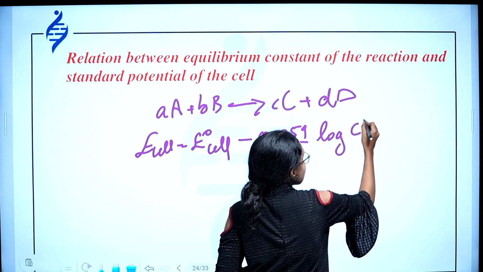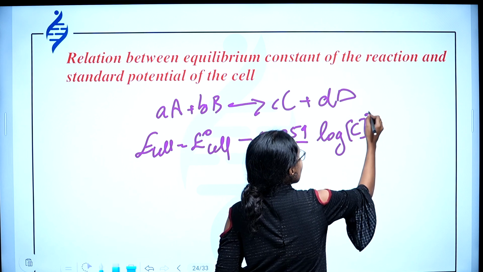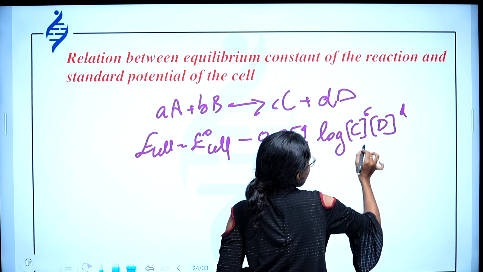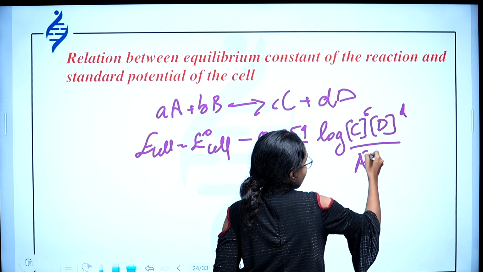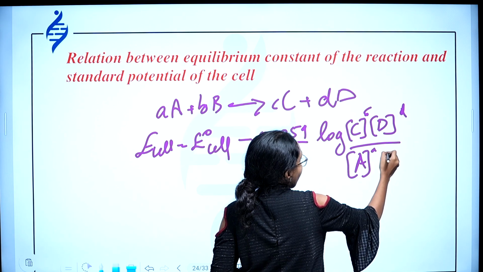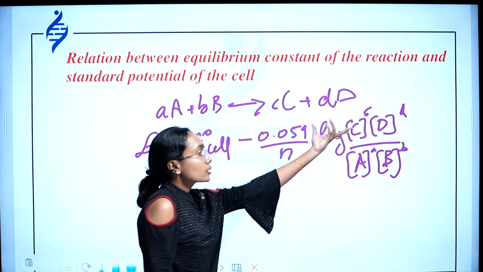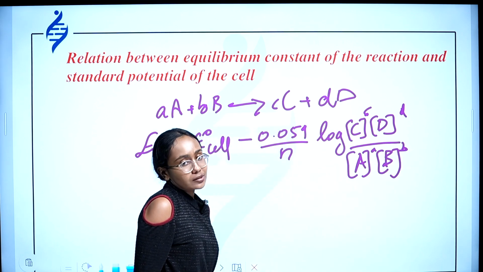So, concentration of C to the power c, concentration of D to the power d, over concentration of A to the power a, and concentration of B to the power b. This is actually the equilibrium constant.